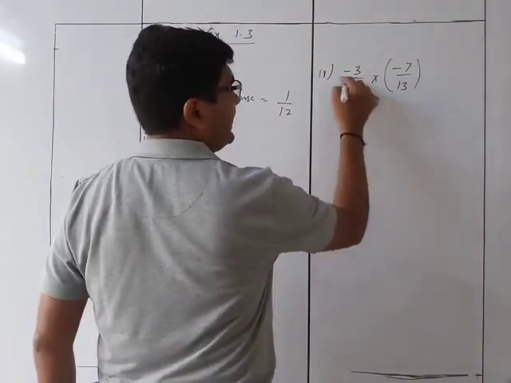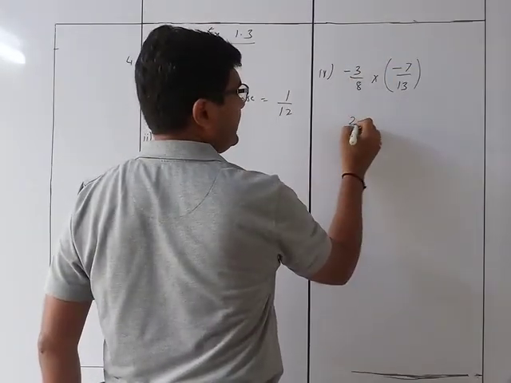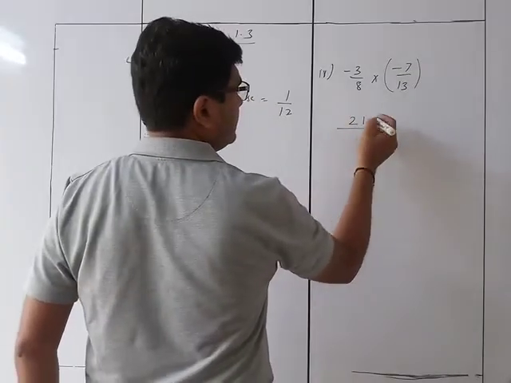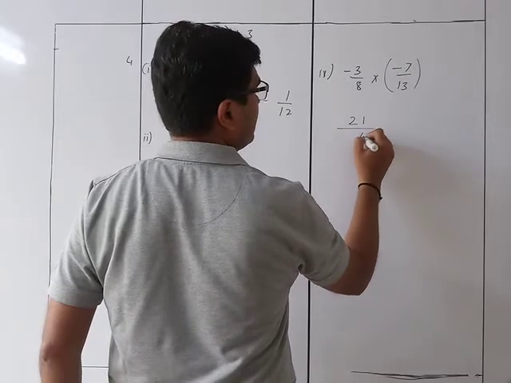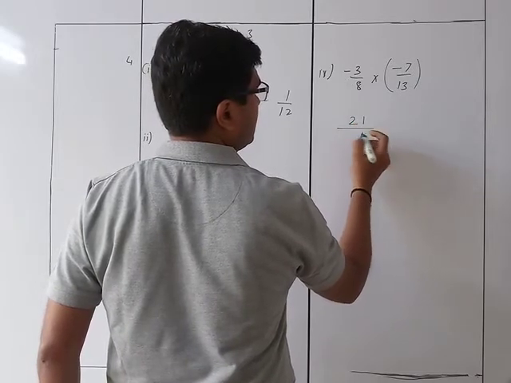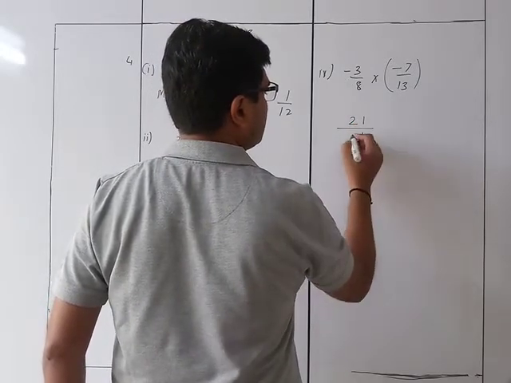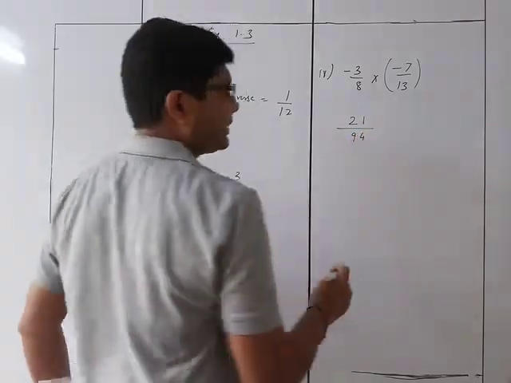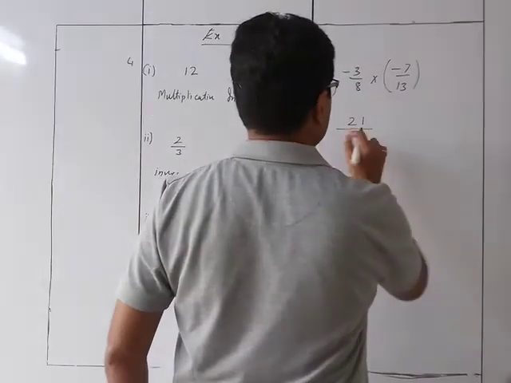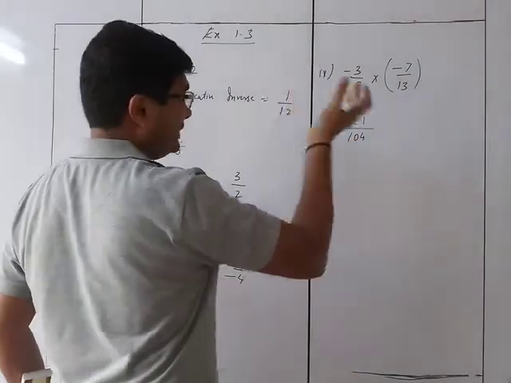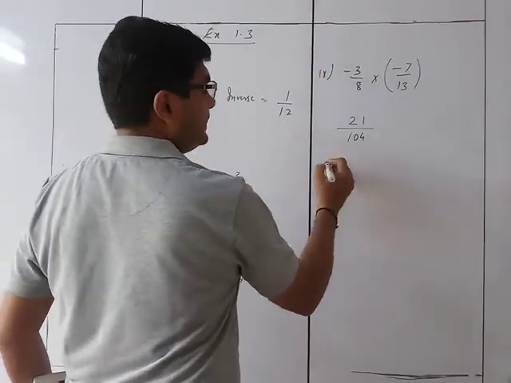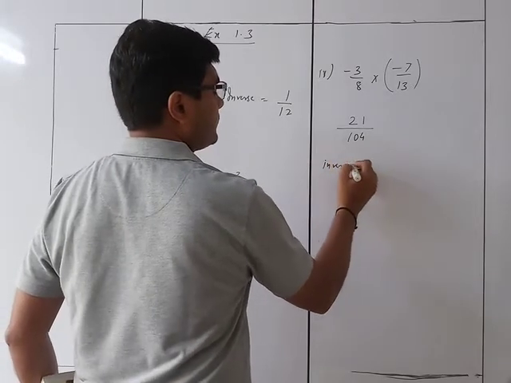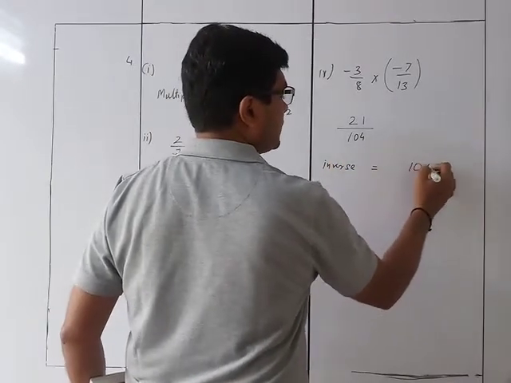Minus into minus is plus, so it is 21, and 13 into 8 will be 104. So the inverse will be equal to 104 upon 21.